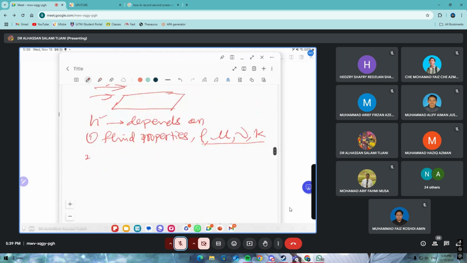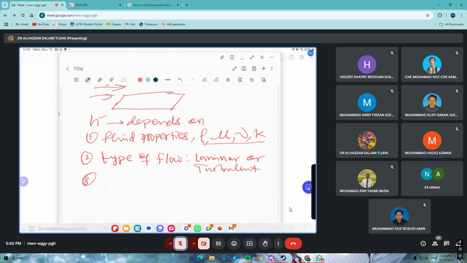Similarly, this h depends on the type of flow. So when the flow is laminar or turbulent, the flow will be different, or the value of h will be different.